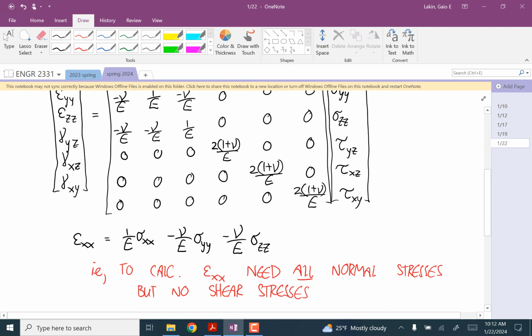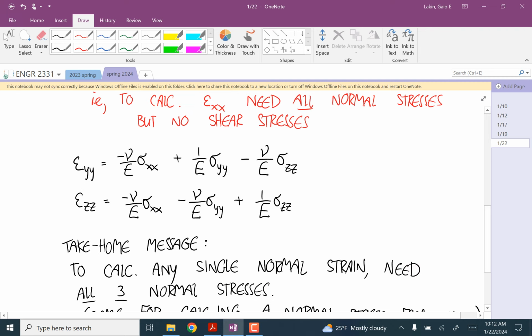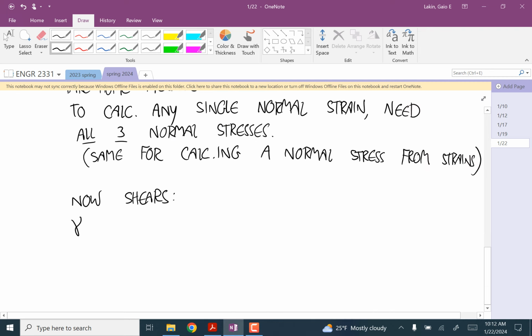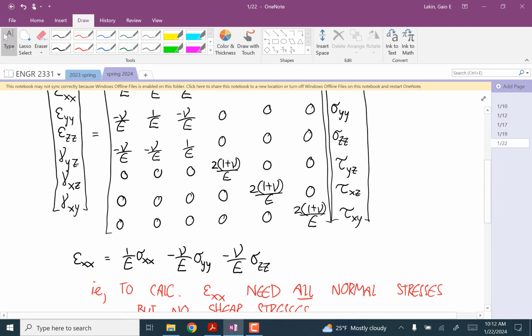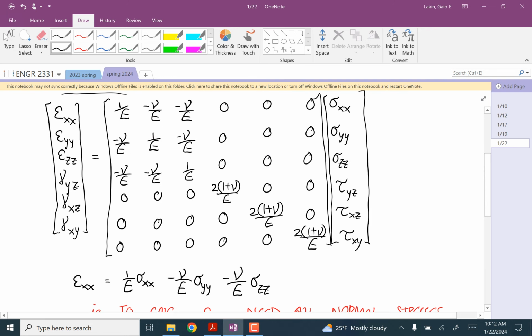So first of all, if you're trying to calculate gamma YZ, that's the fourth line here. So you get that by taking the dot product of this and this. And there's only one non-zero element in that first vector from the dot product.